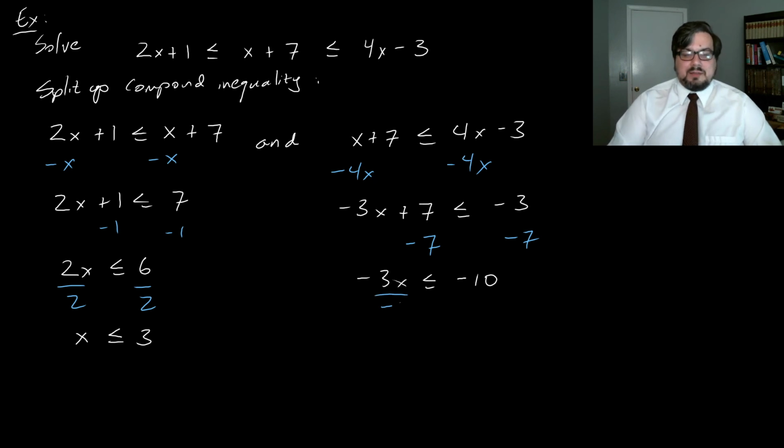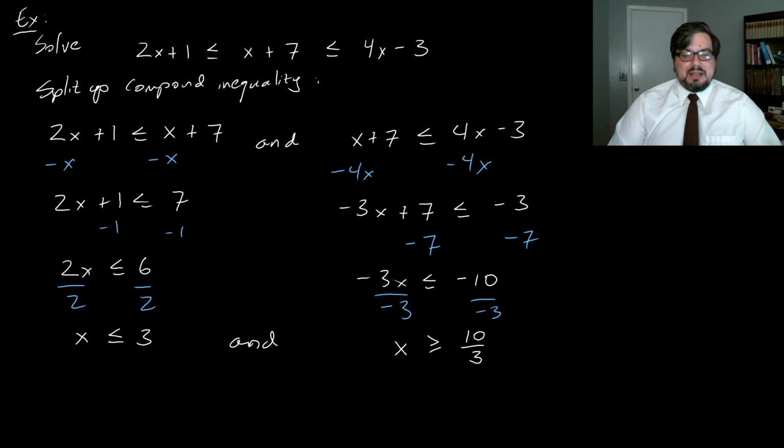And then we'll divide both sides by negative 3. But here's where we have to be careful, because we just divided by a negative number. So that means that the inequality, the less than or equal to, has to flip and become greater than or equal to. And so we get that x is greater than or equal to 10 thirds.